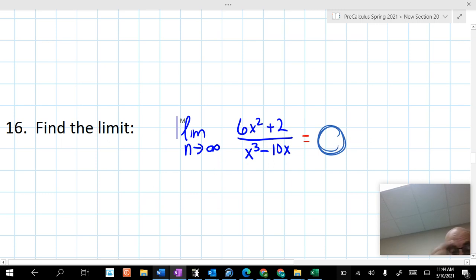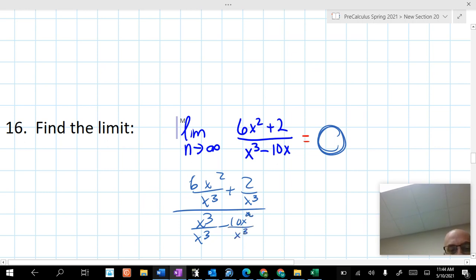Well, I can take you all the way through it, but you go 6x squared over x cubed plus 2 over x cubed over x cubed minus 10x over x cubed. So it's 6 over x plus 2 over x cubed over 1 minus 10 over x squared. Well, if you put infinity, this becomes 0, this becomes 0, and this becomes 0. And you get 0 over 1, which is 0.